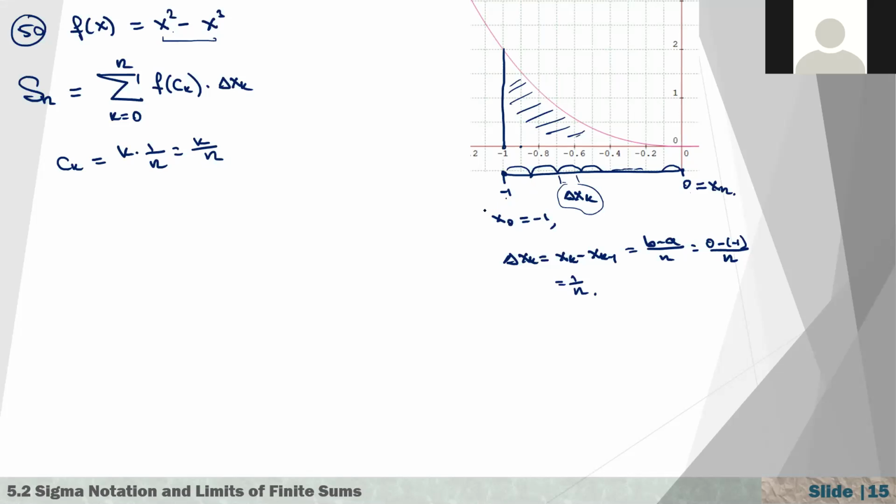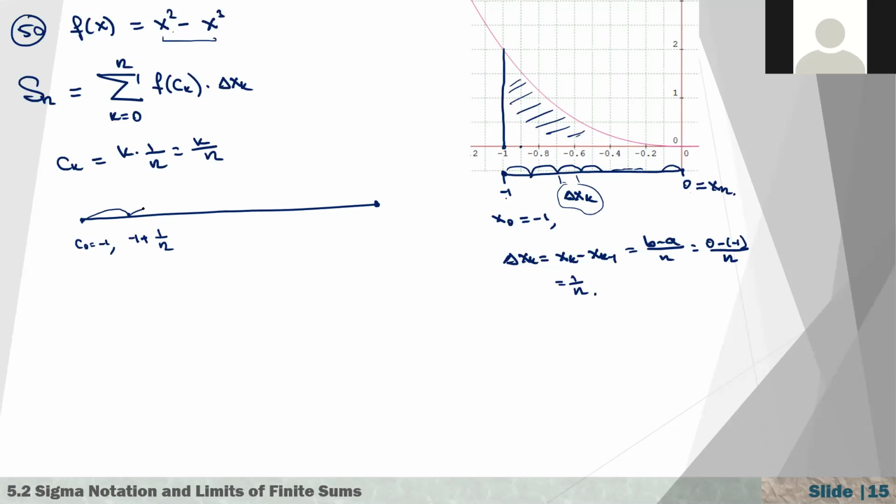Actually it's x sub 0. Let me just write here, for example, if you draw this line segment here, starting from here, this one is c sub 0. That's equal to negative 1, right? And what is c sub 1? It is negative 1 plus 1 over n.